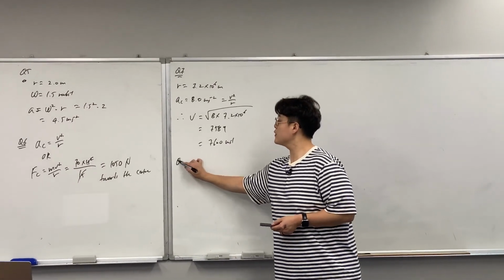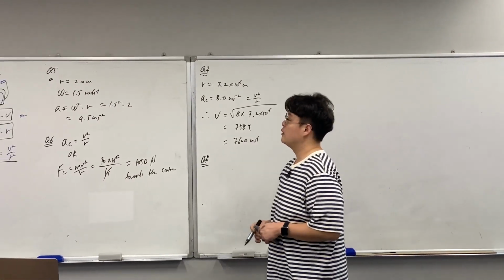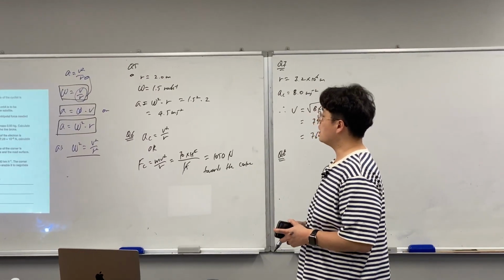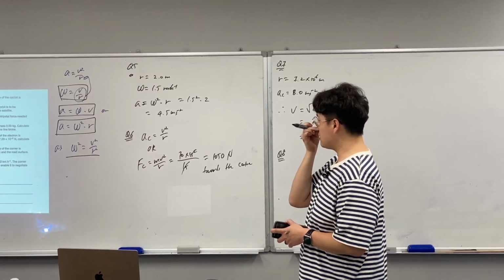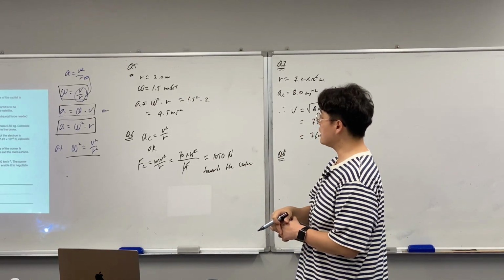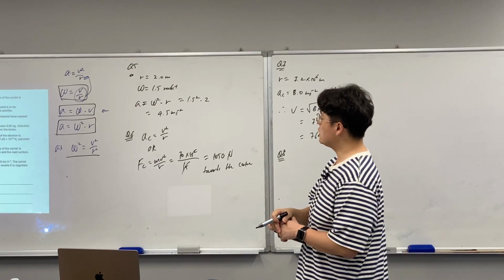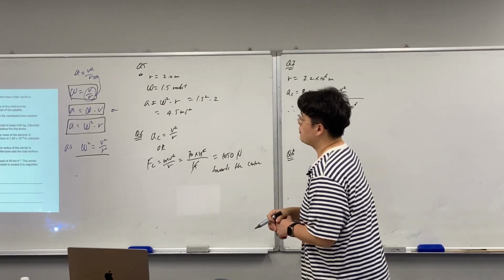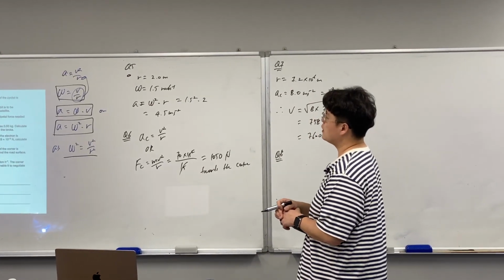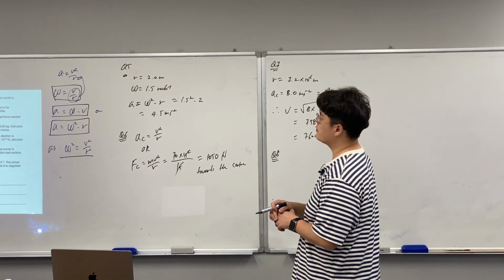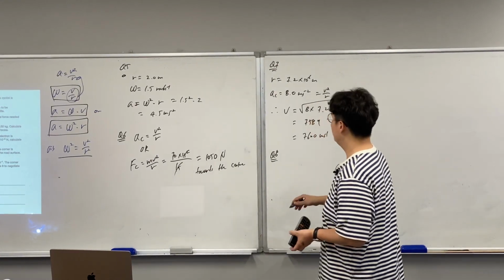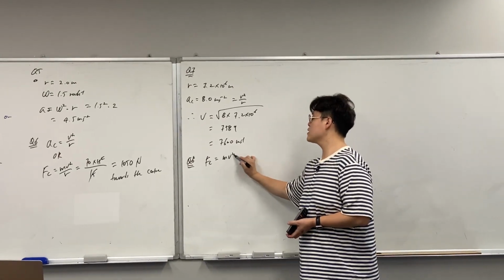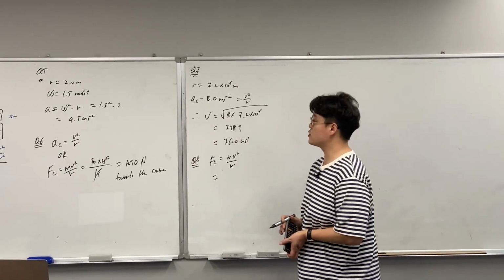Okay, question 8. A car of mass 600 kilograms travels on a circular track of radius 60 meters. Calculate the centripetal force needed to enable it to travel at 40 meters per second. We are given the mass and a circular track, and the centripetal force needed. Straight away use F_c, calculated by m v squared over r, and show all the substitutions required.